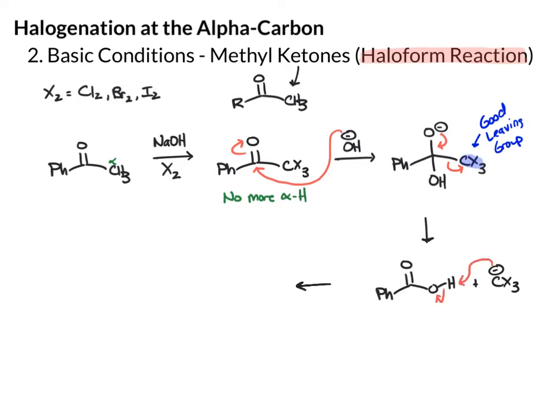That'll take the proton, and we end up with HCX3 plus the carboxylate. So depending on what halogen you use, we get this product, and if it's the Br, this is called bromoform.